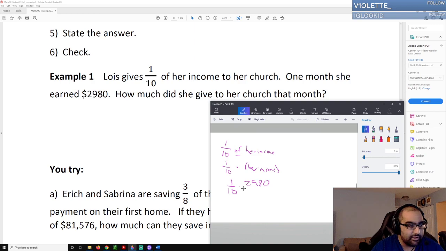Now for this one, if you get pretty large numbers, you could do this on the calculator, that's fine. So you could just do that as a straight-up calculation. 1/10 times 2980. And can anybody tell me what we get here?